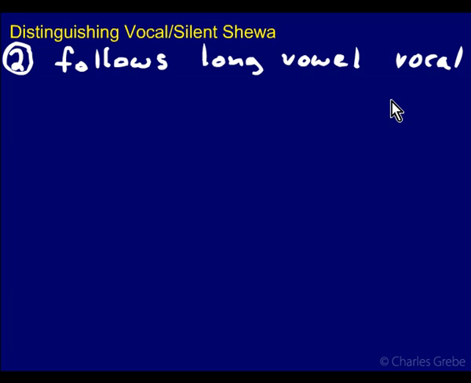So the Shewa will be a vowel that you pronounce. Conversely, if it follows a short vowel, then it is silent.